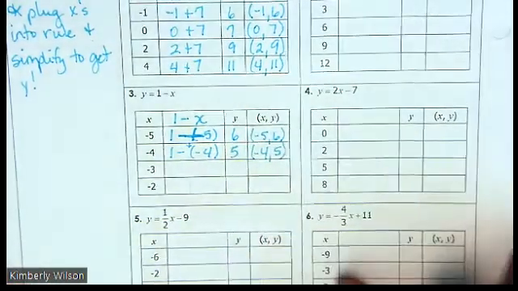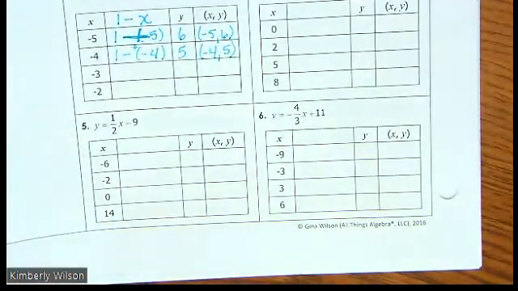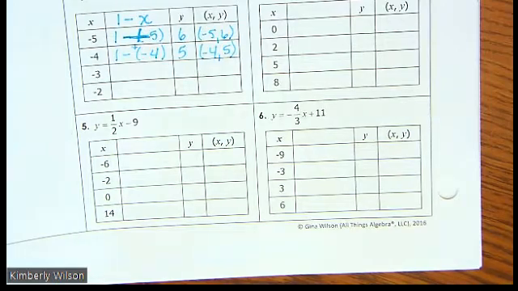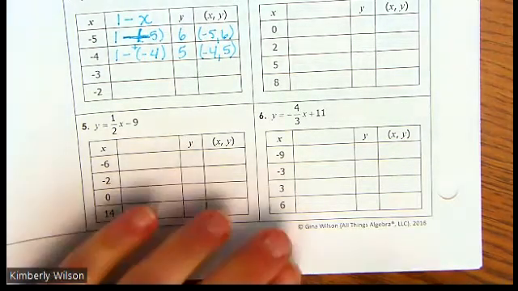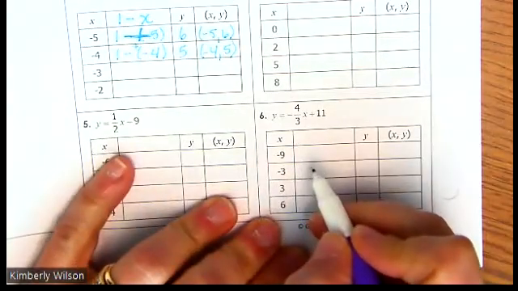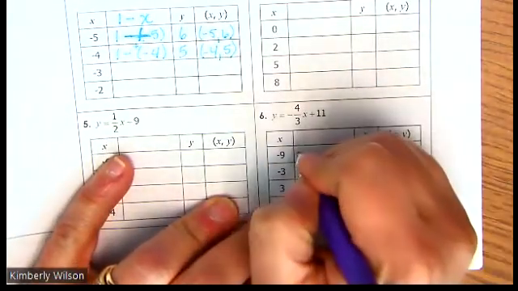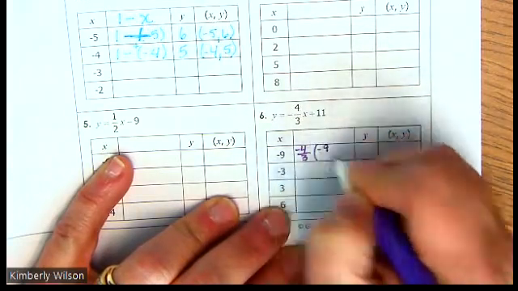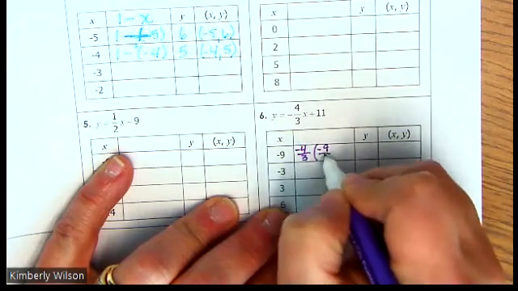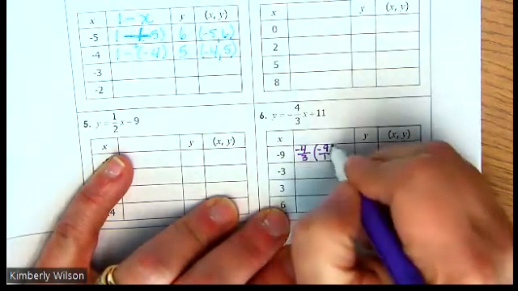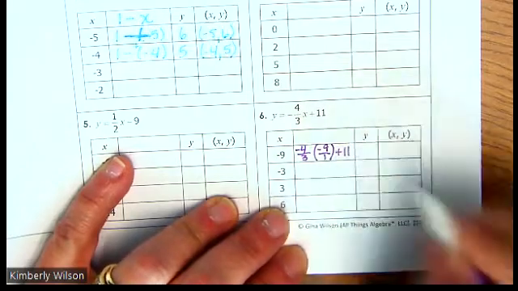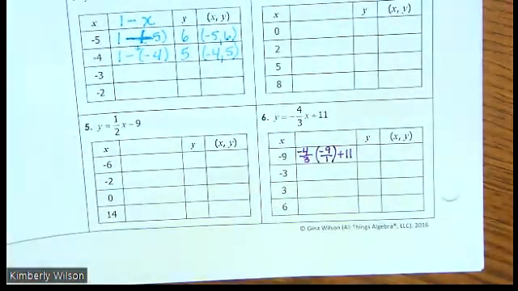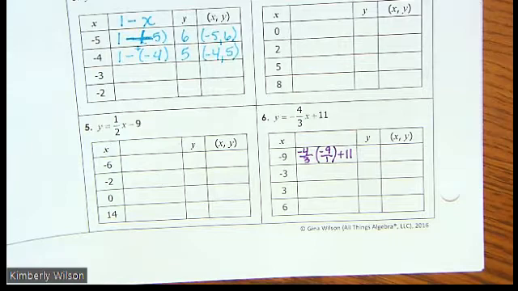I will let you finish that, and I want to move on over here to number 6. Okay. Got a little bit more involved with it, but we're doing the same thing. We're plugging in the x. So we have -4/3 times -9. Notice I'm making this into a fraction because I'm dealing with a fraction here. Plus 11. Now I'm going to change colors real quick so that you can see what I'm doing. I want to simplify right now if I can.